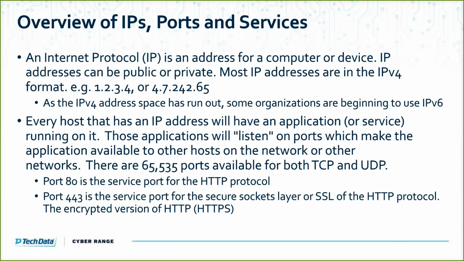For example, port 80 is the service port for HTTP, which is the backbone of the World Wide Web. However, HTTP is not encrypted, so websites like Amazon that rely on e-commerce host their site on port 443, which leverages encryption over HTTP, also known as HTTPS.